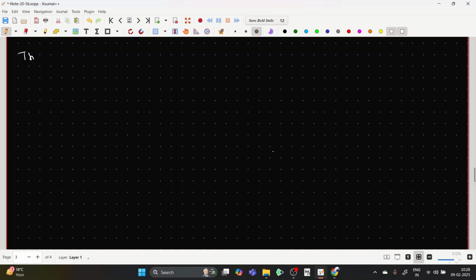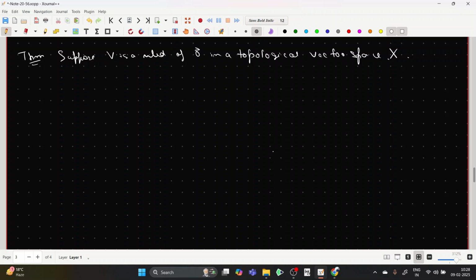Okay. So the theorem is as follows. Suppose V is a neighborhood of the origin in a topological vector space, let it be named X, then the following holds.